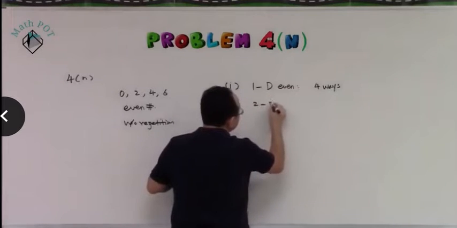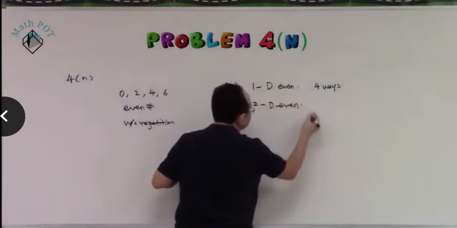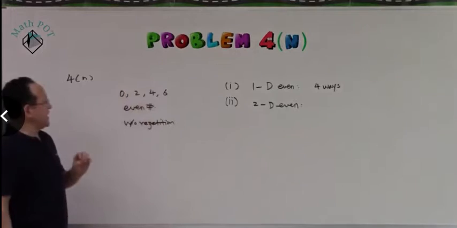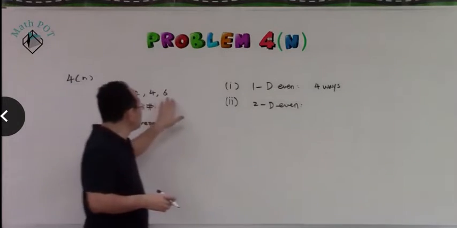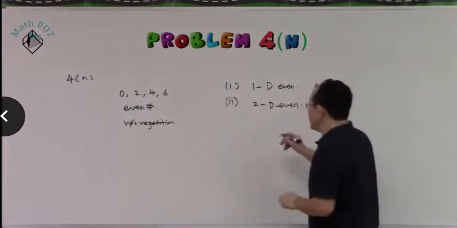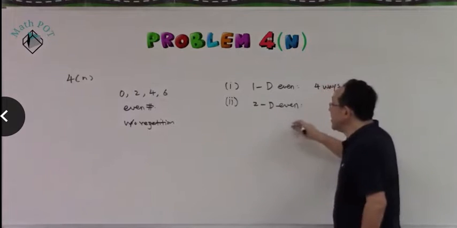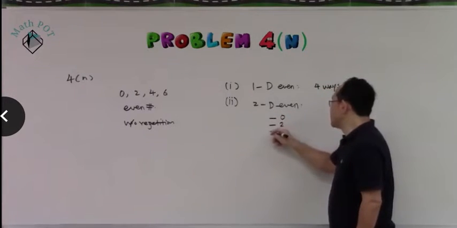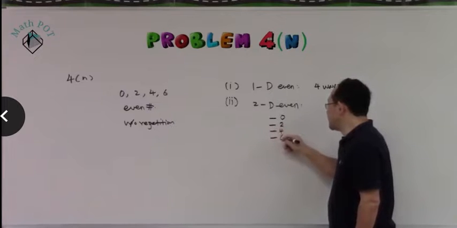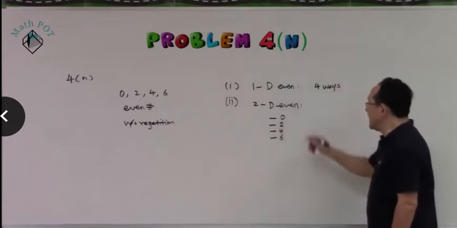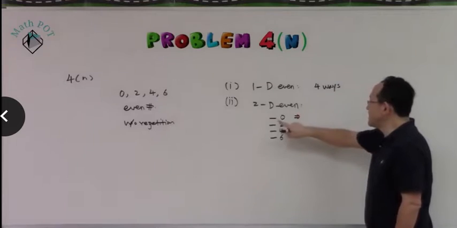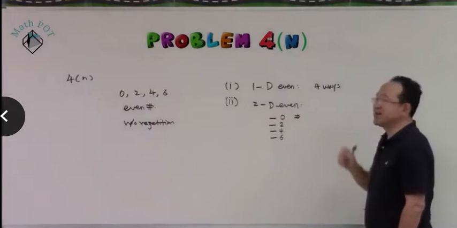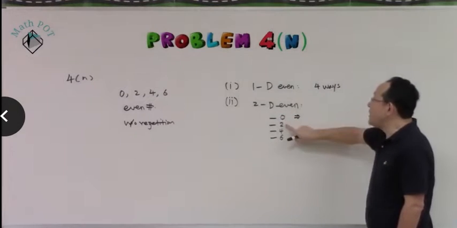Next is a 2-digit even number. Let's see how to solve this. Basically, all the digits here are even, so let's do the casework. For the last digit, it could be 0, 2, 4, or 6. That is very clear. For the first digit, it could be 2, 4, or 6, so that gives us 3 ways.